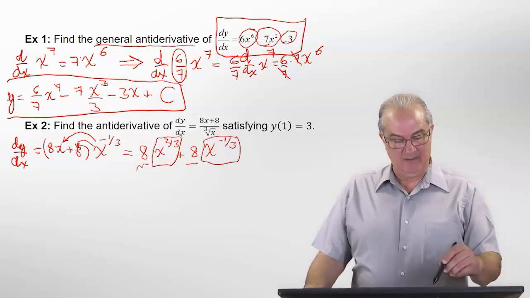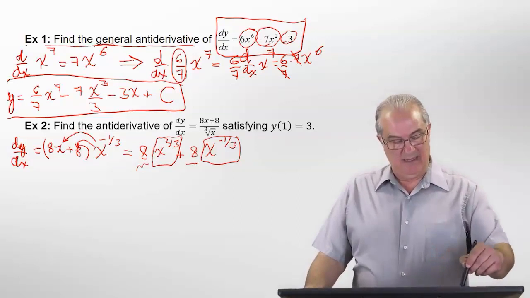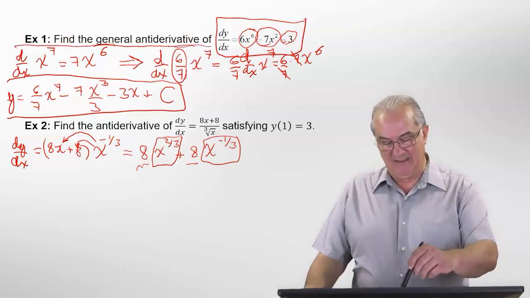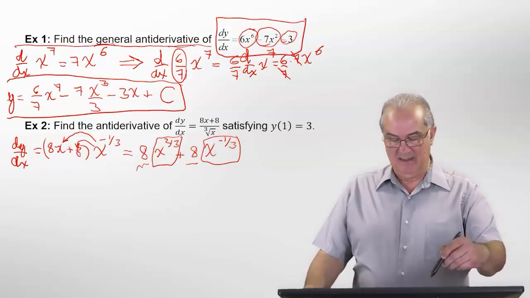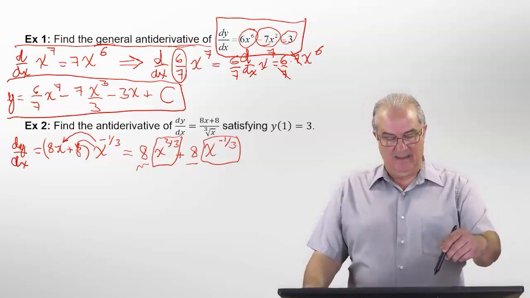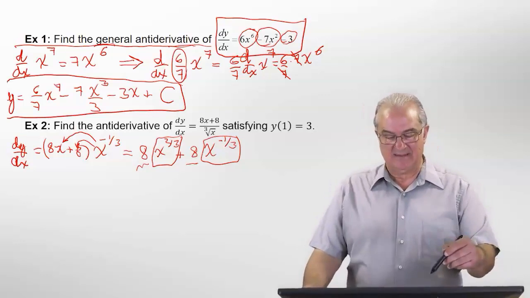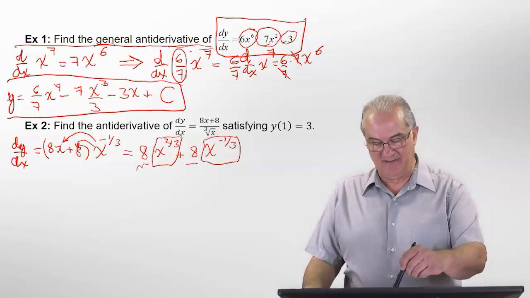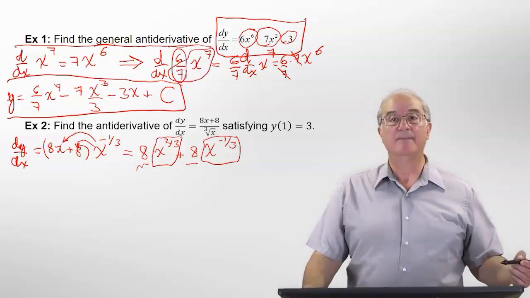So for example, we found an antiderivative for x to the 6th to be x to the 7th over 7.